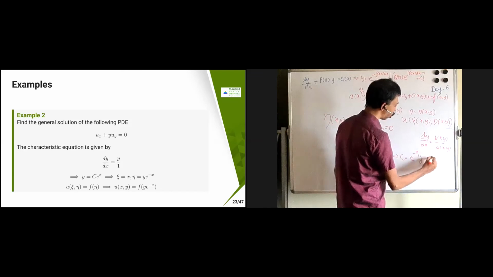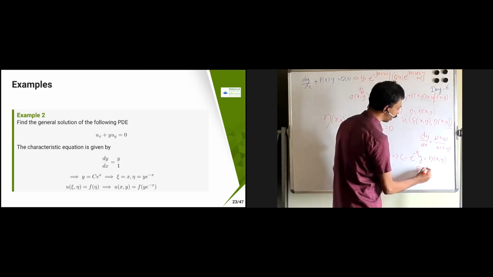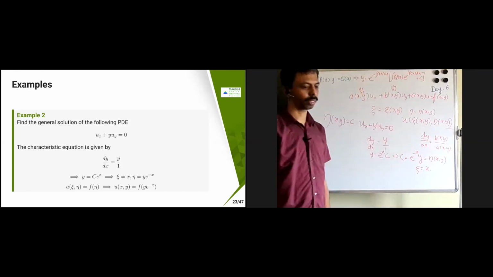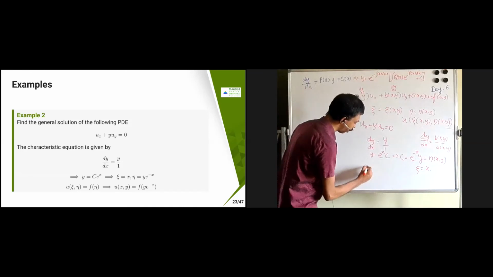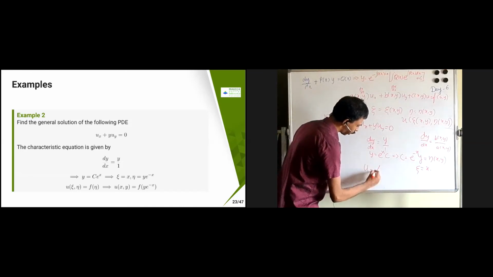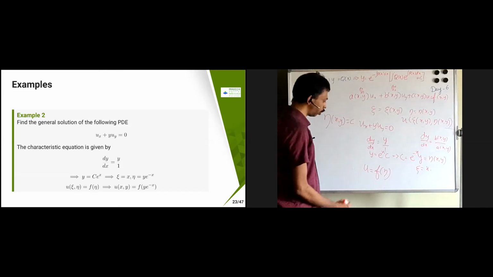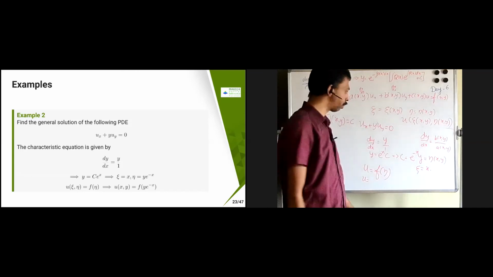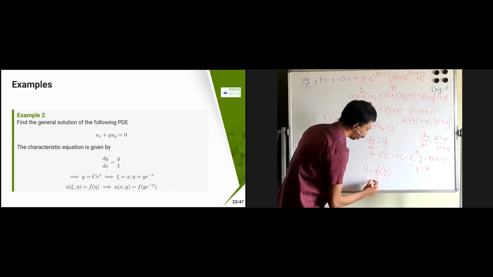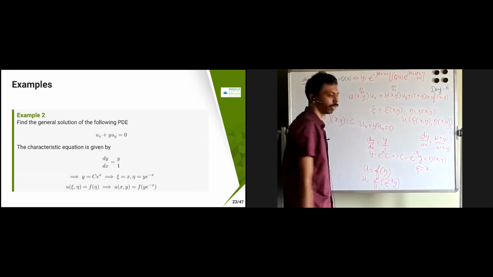I am going to take this as eta of x comma y, and chi, as I mentioned earlier, equal to x. Then what is my solution? The solution is u equal to f of eta. Therefore, u equal to f of what is eta? Eta is nothing but e power minus x into y. That's all.